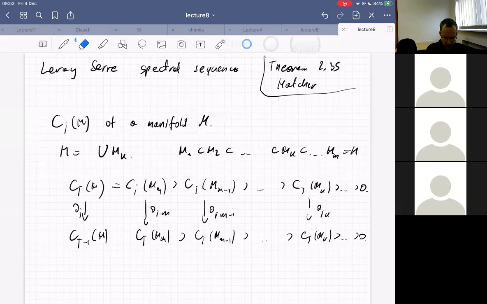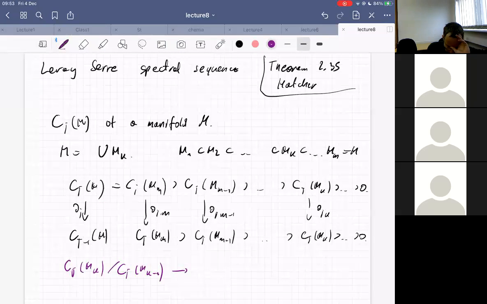All right, so we would like to look at C_j(M_k) over C_j(M_{k-1}), and then this chain complex maps to C_{j-1}(M_{k-1}) divided by C_{j-1}(M_{k-2}).